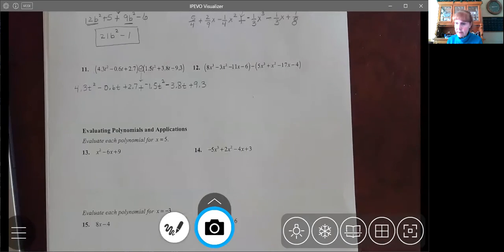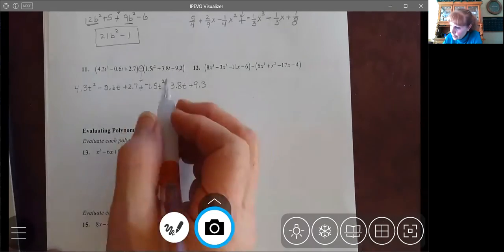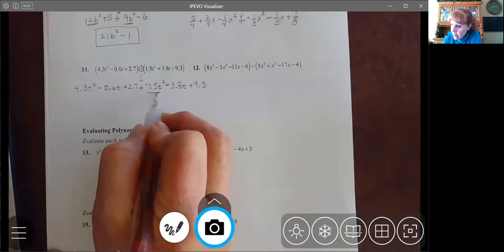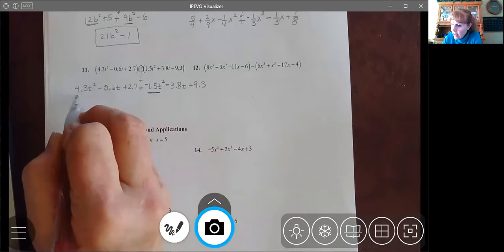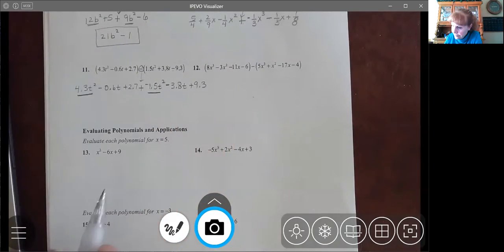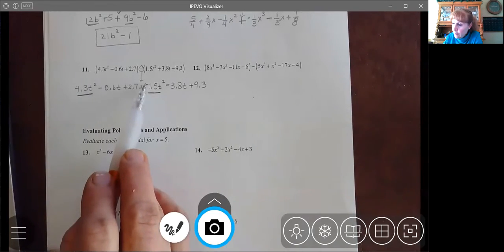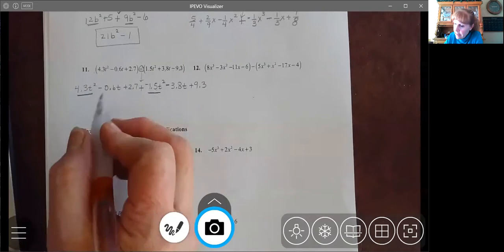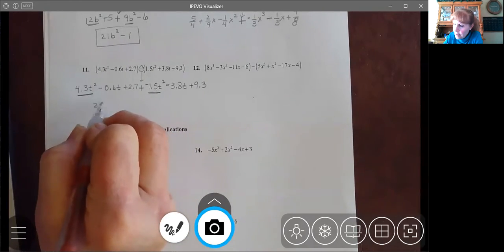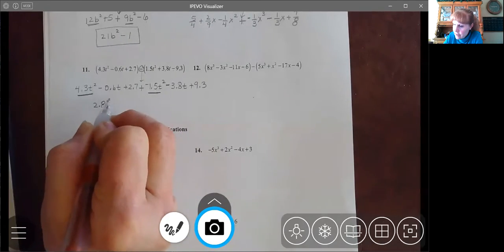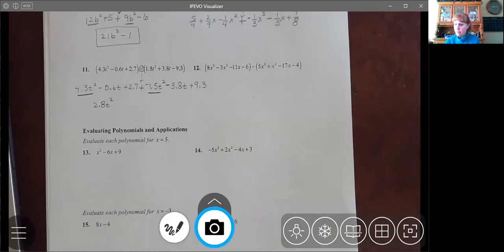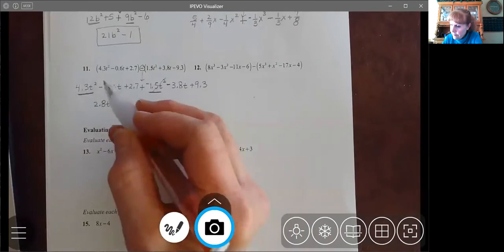Now let's go ahead and combine our similar terms. Here's a t squared and a t squared. 4.3 plus a negative 1.5 is 2.8 t squared, positive because the bigger one is positive. Okay, that takes care of these two.